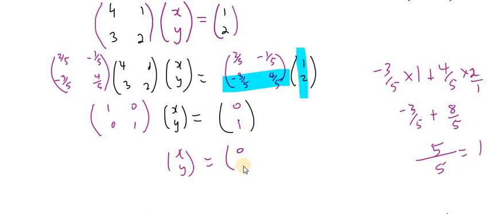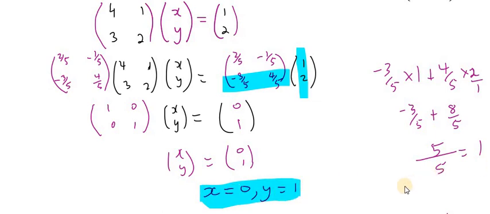And that's going to be equal to the matrix with 0, 1 as components. These are equal matrices, and you know that when you have equal matrices, corresponding entries are equal. So we get x is equal to 0 and y is equal to 1. And we already went through why this is a correct solution set, as in x equal to 0 and y equal to 1.